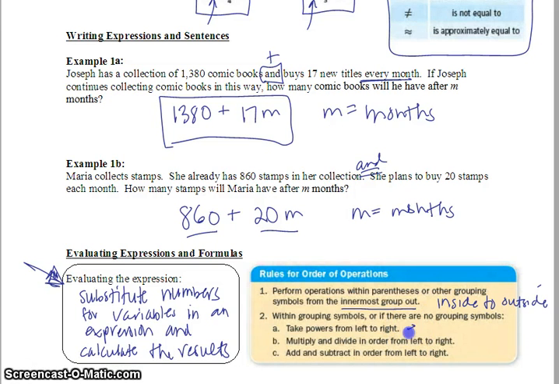So powers meaning exponents, left to right, multiply and divide, left to right, and add and subtract, left to right. Remember those order of operations if you learned it as PEMDAS? We do parentheses, exponents, multiply, divide, add, and subtract in that order. And that'll help you remember the order of operations.